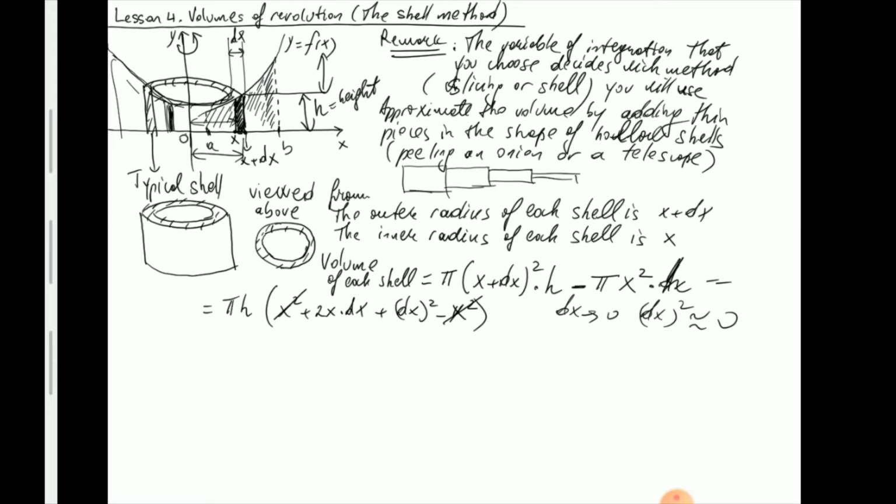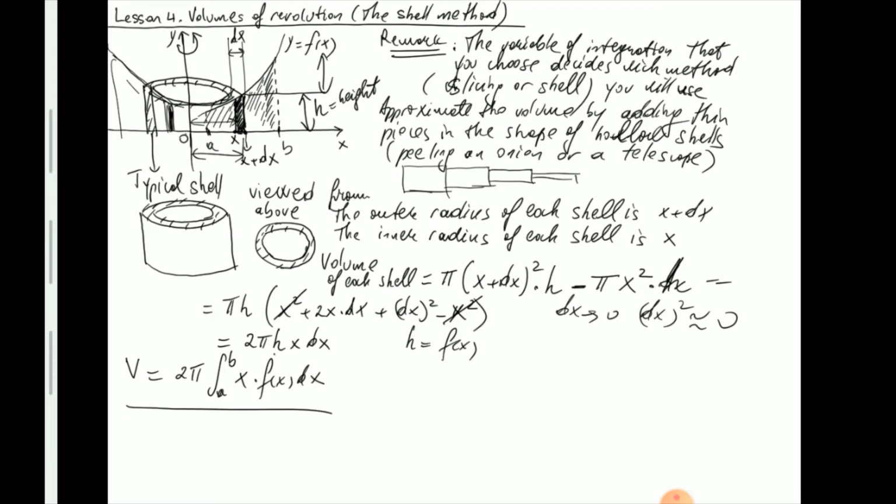So with that being said, this is the stuff we integrate when we compute the volume here. Now, as I said before, in this particular case, h is f of x. So when I find the volume of the object by rotation about the y-axis with the shell method, it is going to be 2 pi, we can put that outside, the integral from a to b of x times the height, which is f of x.